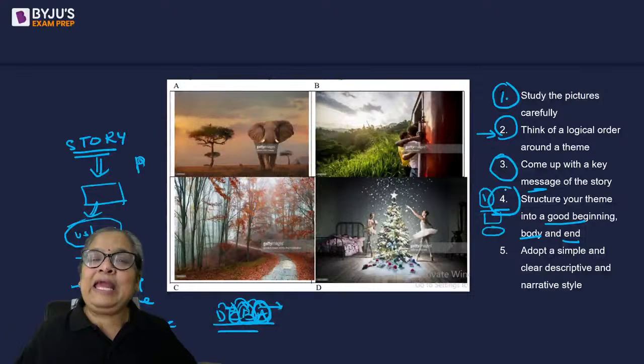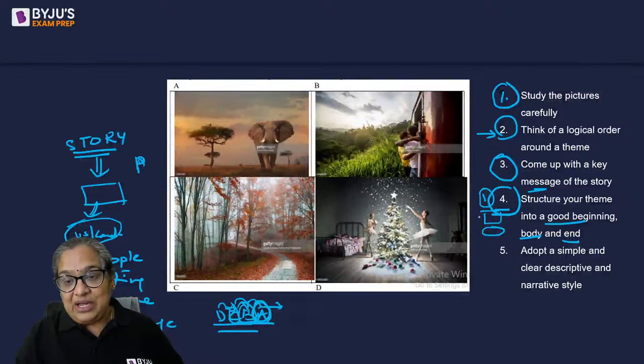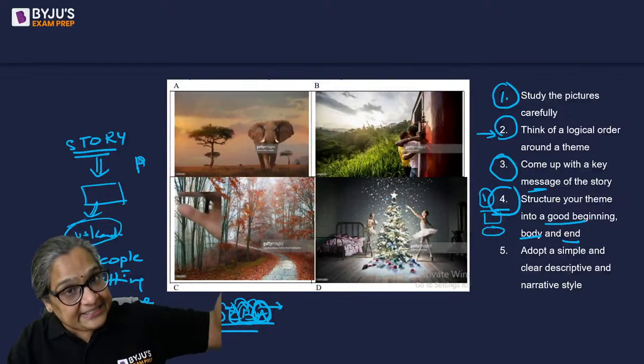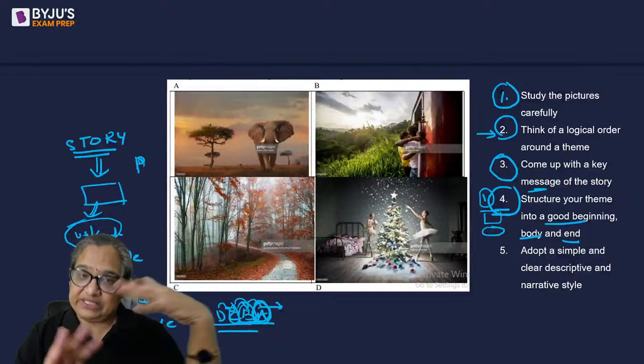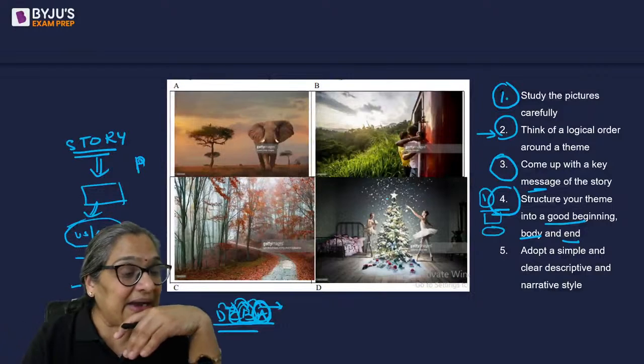You can say any one of those things. Have that theme in mind, and then write a story. Use simple clear language. Make sure that the essay is descriptive narrative. It's description as well as narration. That should be your style.